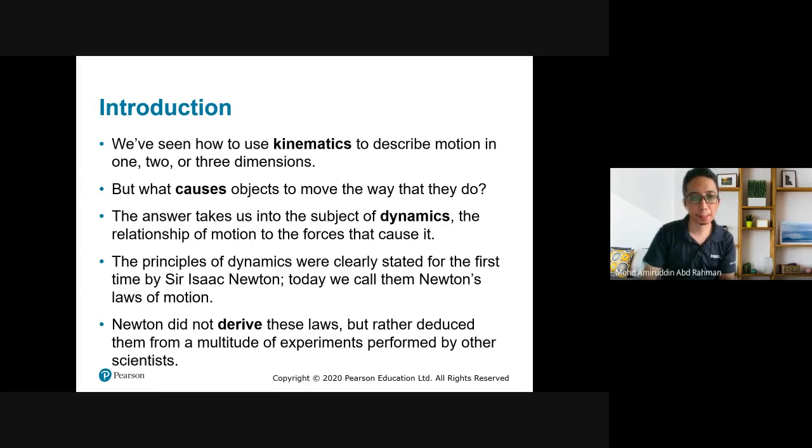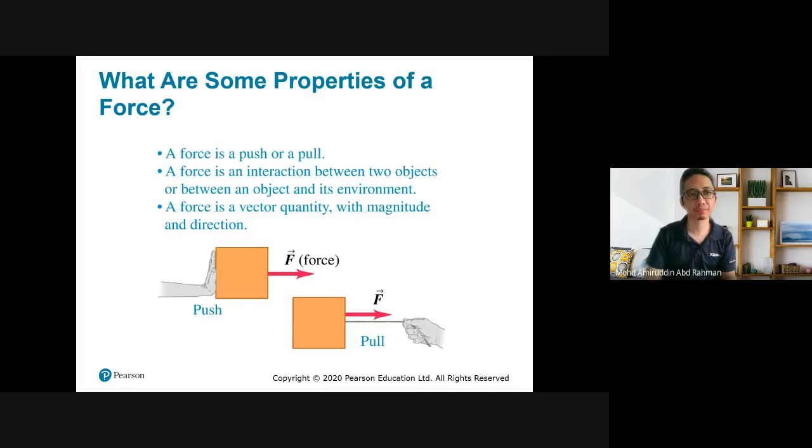So basically, Newton is the theorist, where he can derive the mathematical equations to support the experiments done by the previous scientists.